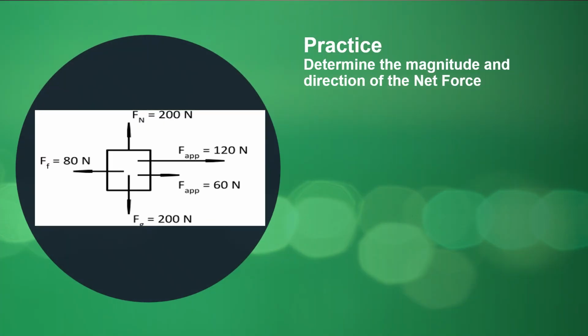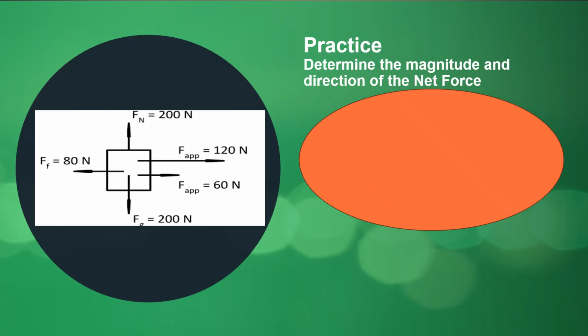Here's another problem with multiple forces acting on it. Again, we see that we have a force of gravity equal to normal force. So 200 minus 200 is going to be equal to 0. Now let's look at the other ones. We have a force applied of 120 newtons. Let's say this is another person holding on with you and pushing forward with you and adding their force of 60 newtons.